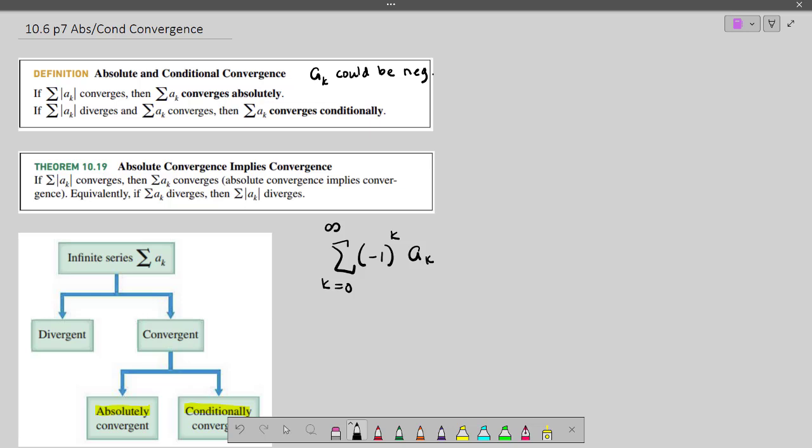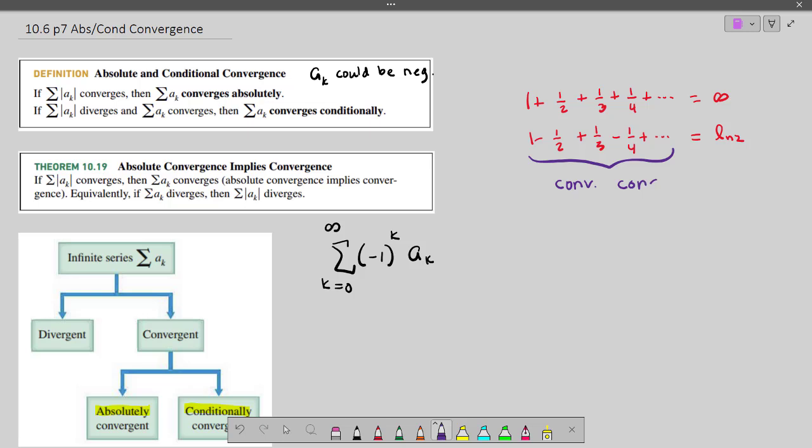So for example, when we look at the harmonic series, we know that this harmonic series converges or diverges? Diverges. But we know that the alternating harmonic series converges. The alternating harmonic converges to ln 2. So what we would say is that this converges conditionally.